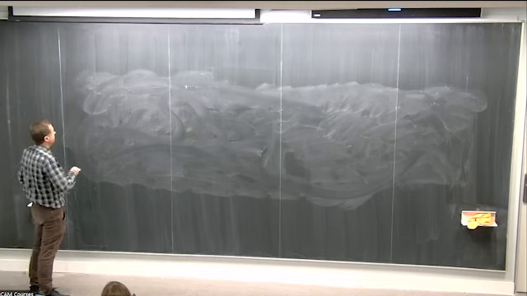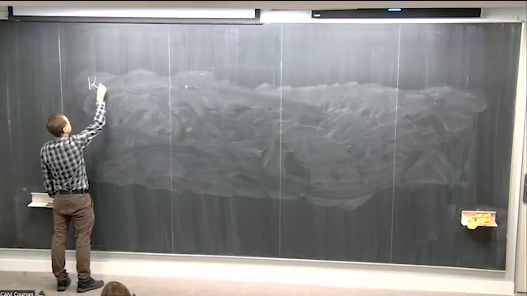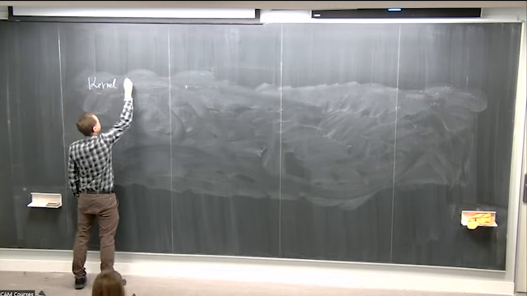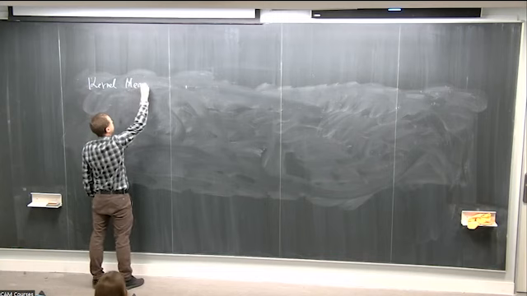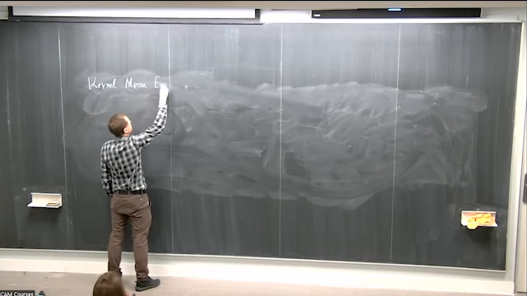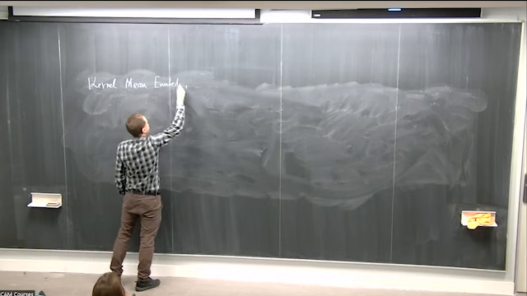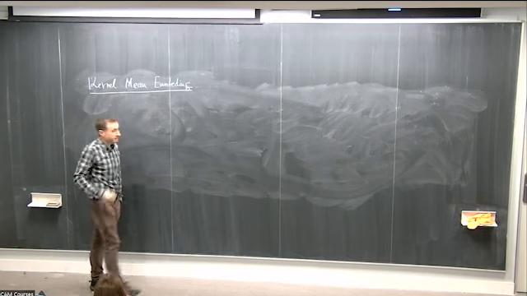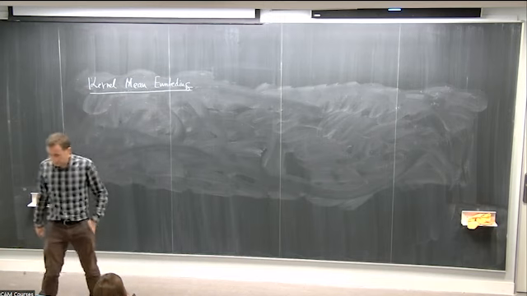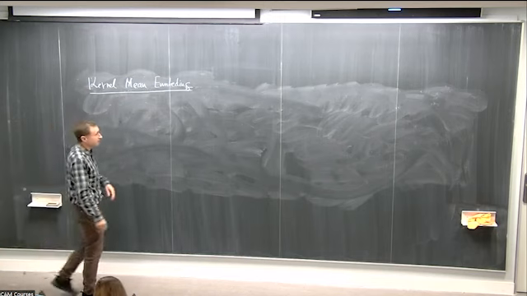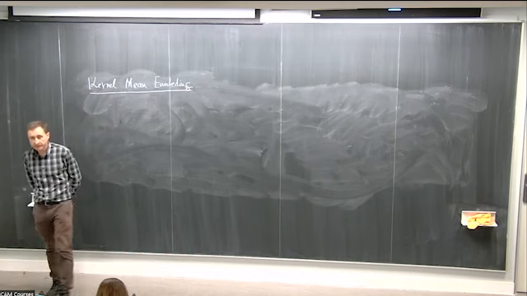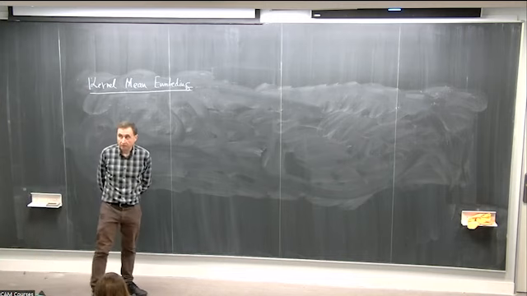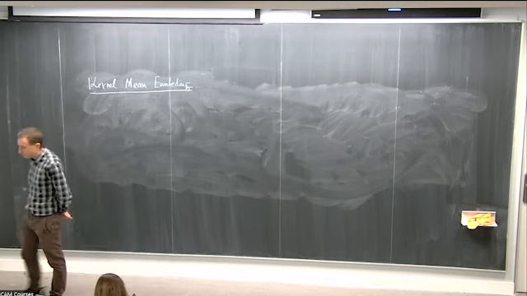We can call it kernel mean embedding. This type of technique has been used in multiple applications of machine learning. We are going to discuss the main ideas, and tomorrow one or two specific applications.